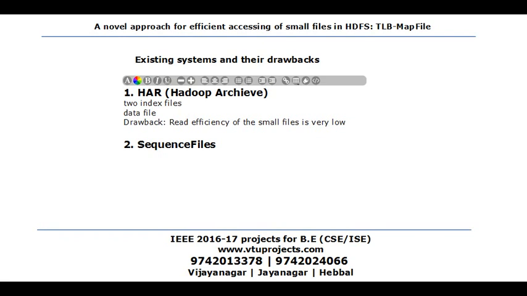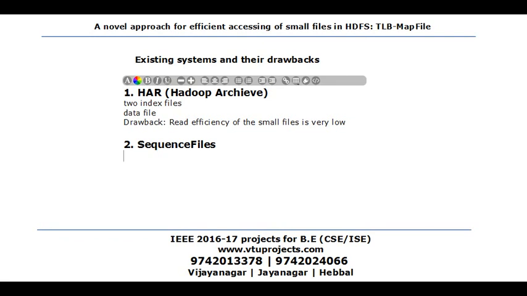If I want to read the 978th small file, this technique will read from file number 1, file number 2, file number 3, file number 4, and like that it will sequentially read until file 978. So this is the drawback of the second existing system.